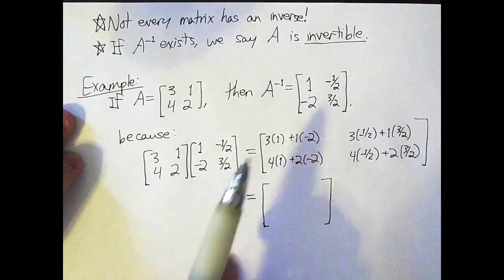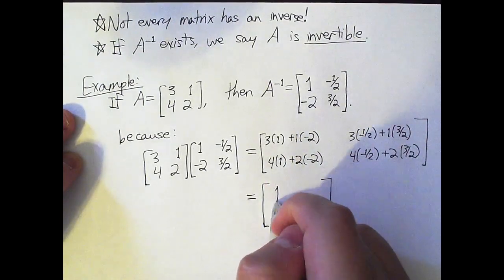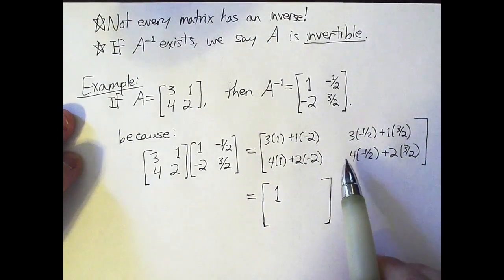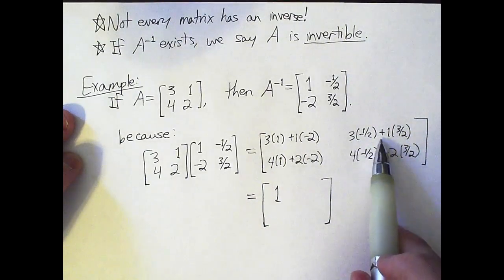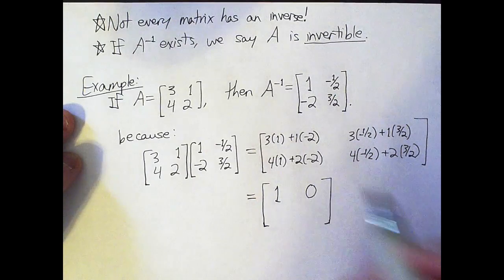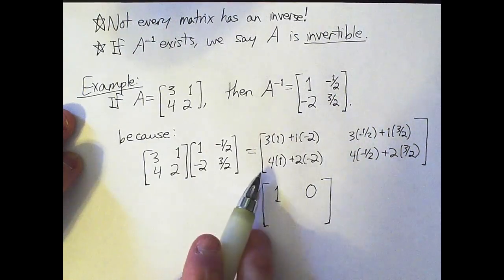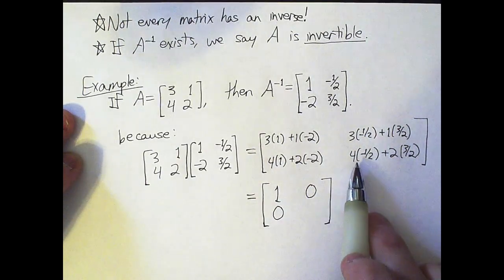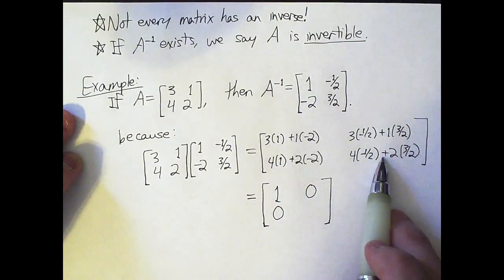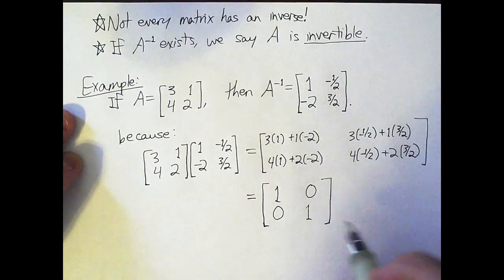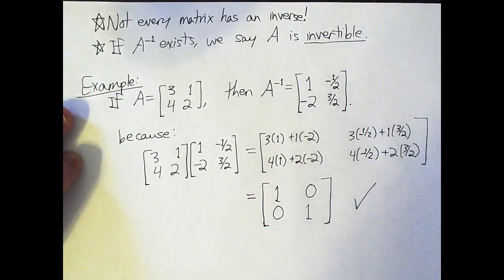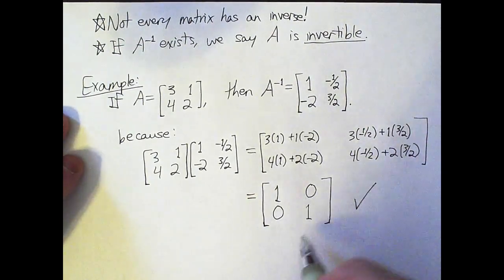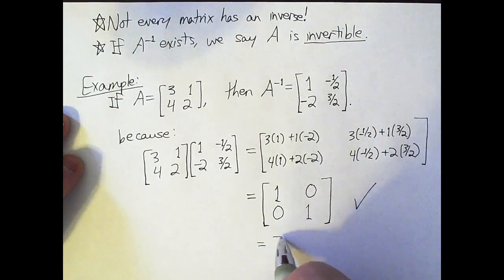In the upper left, that looks like 3 minus 2, so we got 1. In the upper right, negative 3 halves plus positive 3 halves, so we get 0. In the lower left, 4 minus 4 is 0. And in the lower right, negative 2 plus 3 is 1. So I'll just put a check mark here. It does check out. This is the identity matrix.